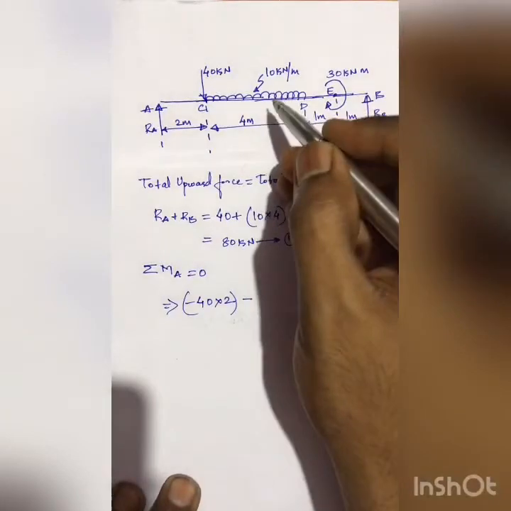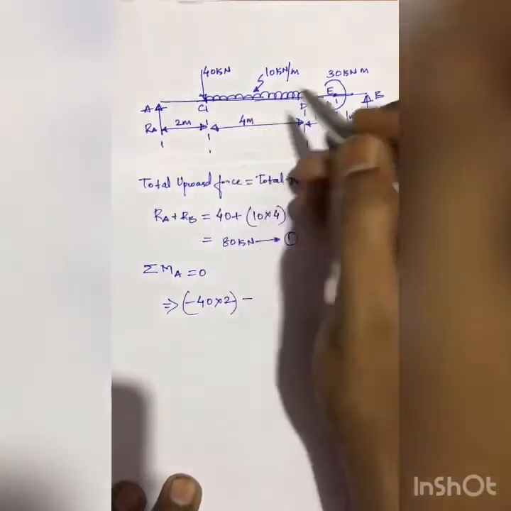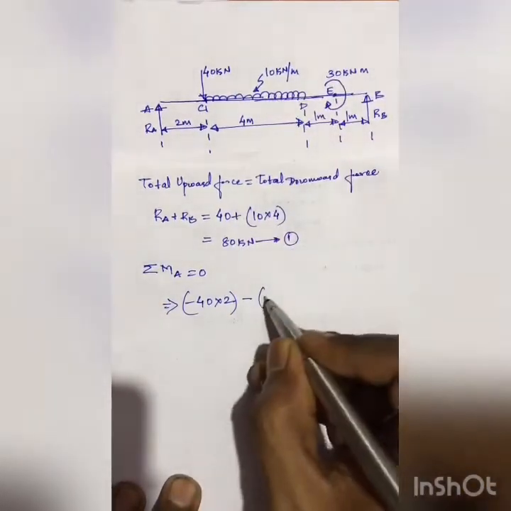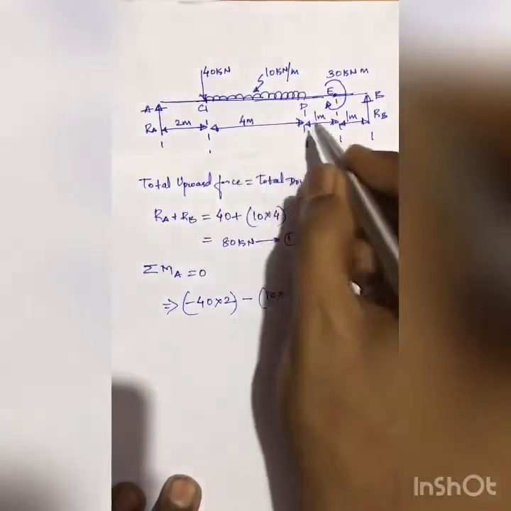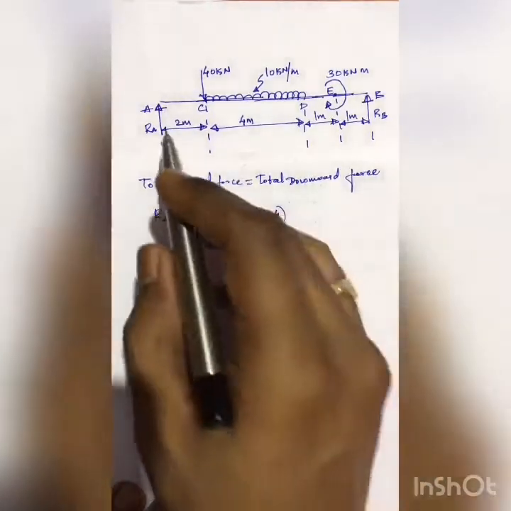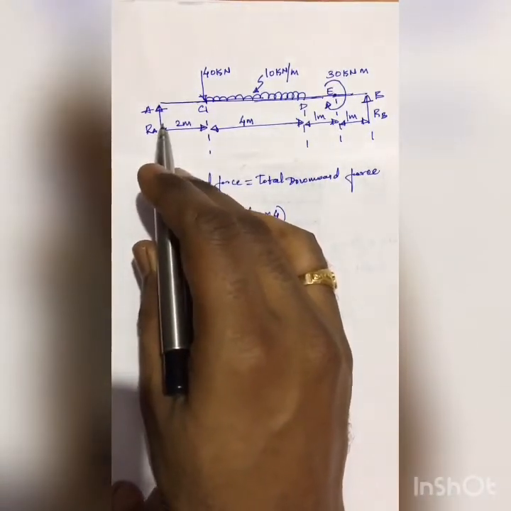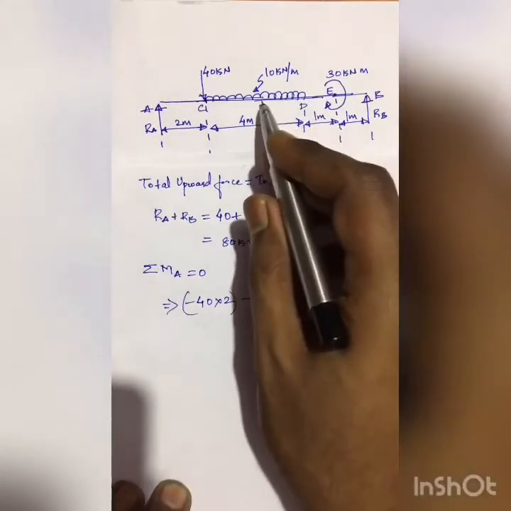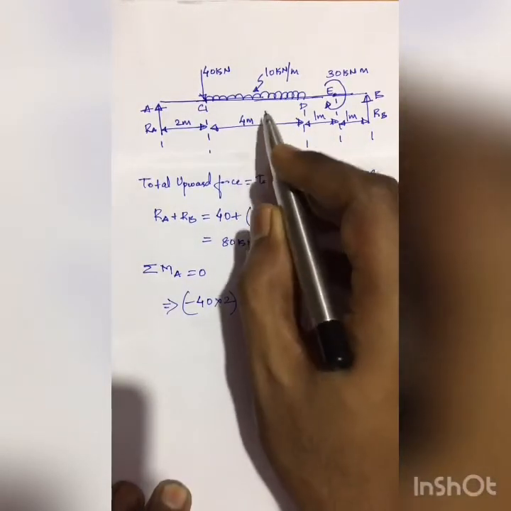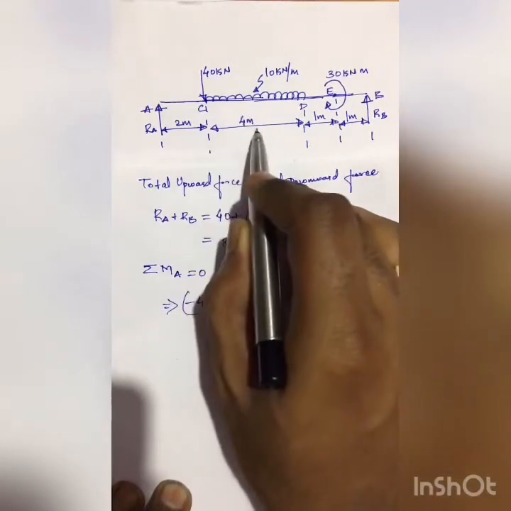Minus of, first I need to convert this into load, which I do by multiplying the intensity into the length 4. Next, I need to multiply it by the distance from A. We know that the equivalent load of the UDL lies exactly at the midpoint of the UDL, that is 2 meters from here.